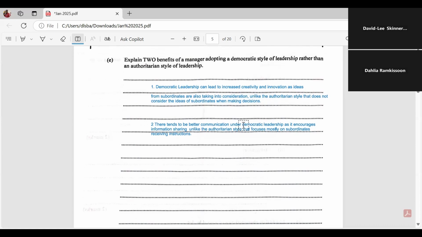And you see how in both cases, I tied it back to it being an advantage over the authoritarian style, not just being an advantage of the democratic style. It being an advantage of the democratic style over the authoritarian style, because that is what they ask for. You understand, right?